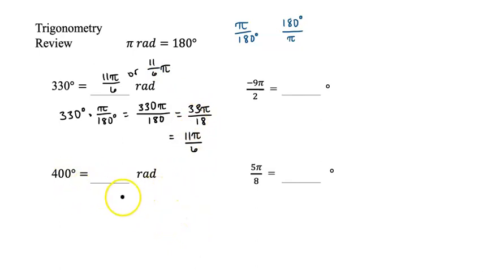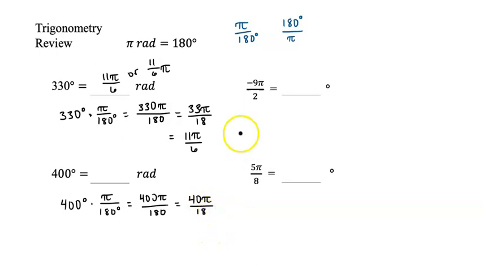All right. 400 degrees, well, we're going to do the same thing. We'll multiply by pi over 180 degrees. So we've got 400 degrees times pi over 180 degrees. Our degrees get canceled out. We are left with 400 pi over 180. Let's divide by 10 to give us 40 pi over 18.